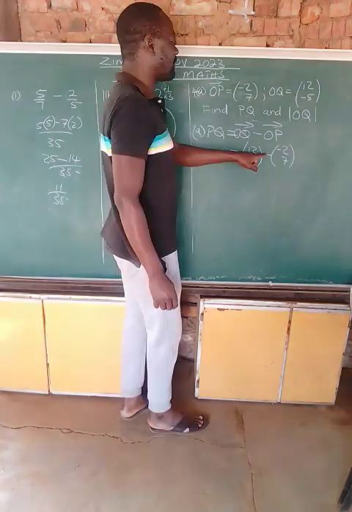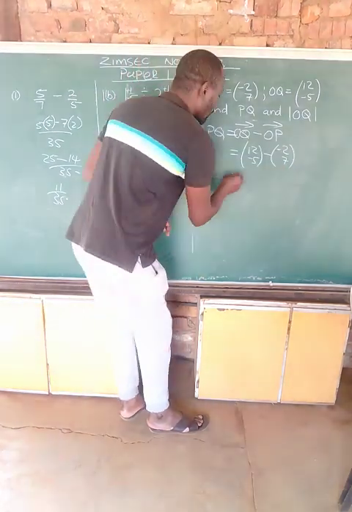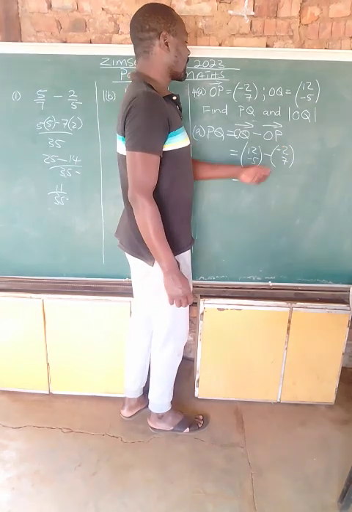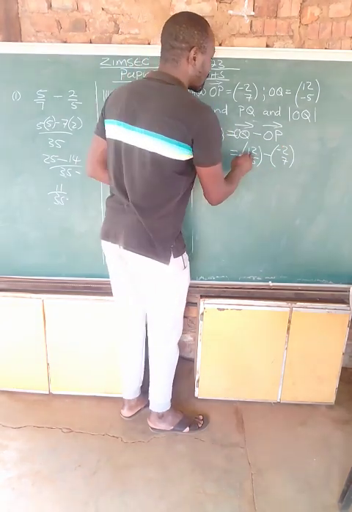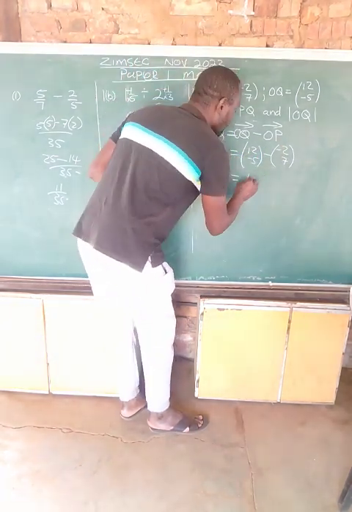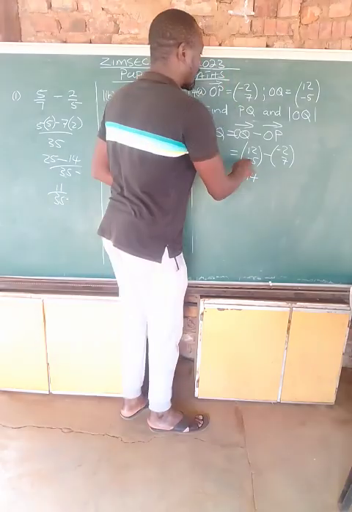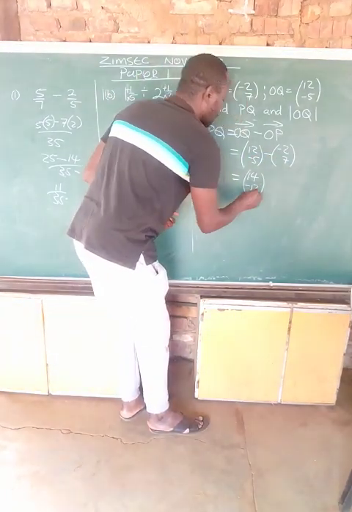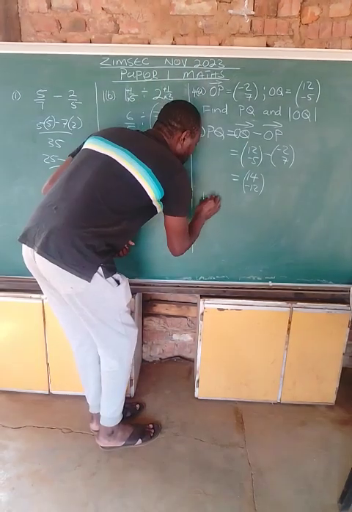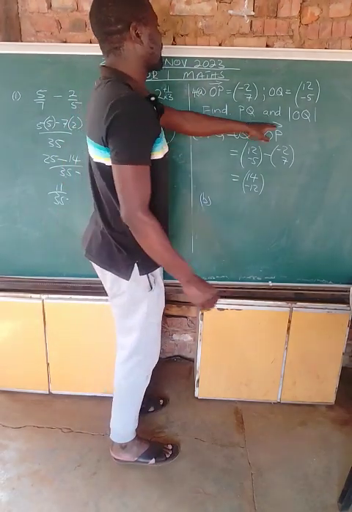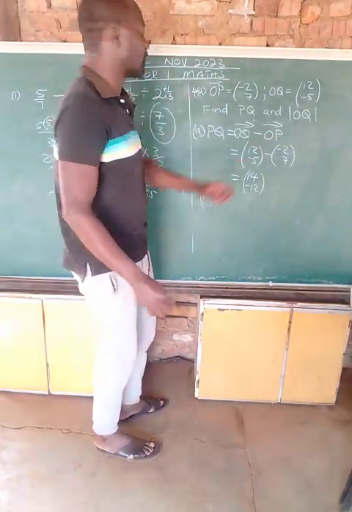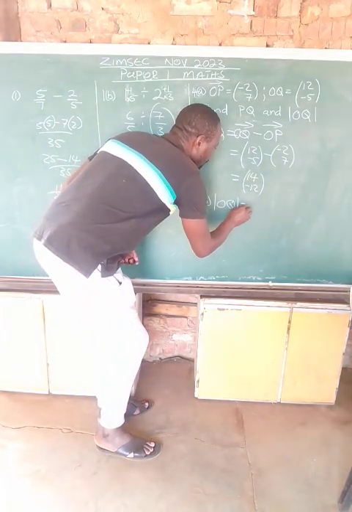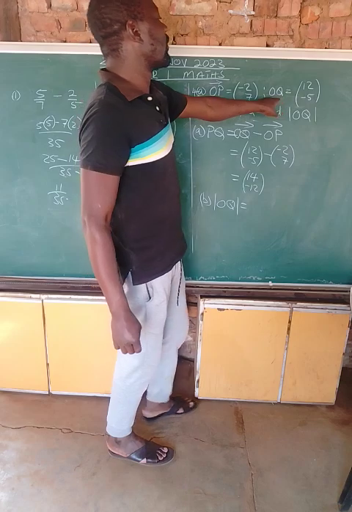So this is 12 minus minus 2. What do we get? A negative and a negative give us a positive. So we have 12 plus 2, we get 14. Minus 5 minus 7, what do we get? We get minus 12. We go on to part B. We are told to find the modulus of OQ. What do we have on OQ?